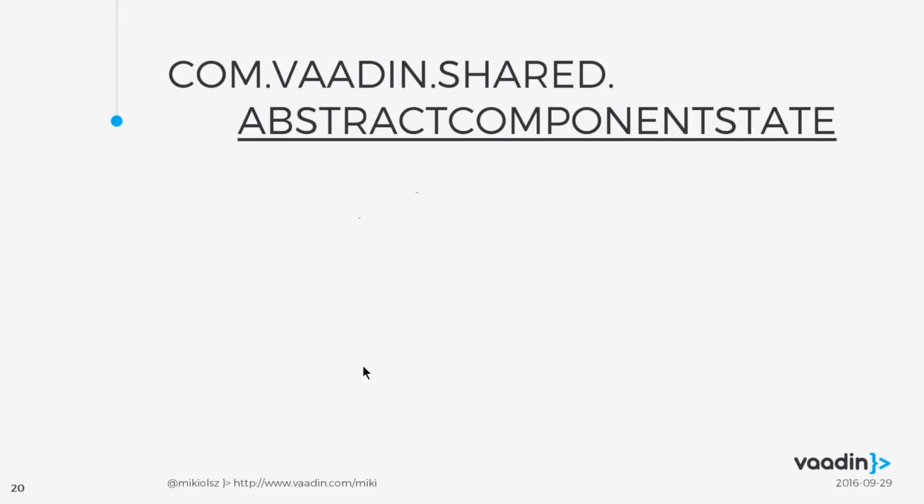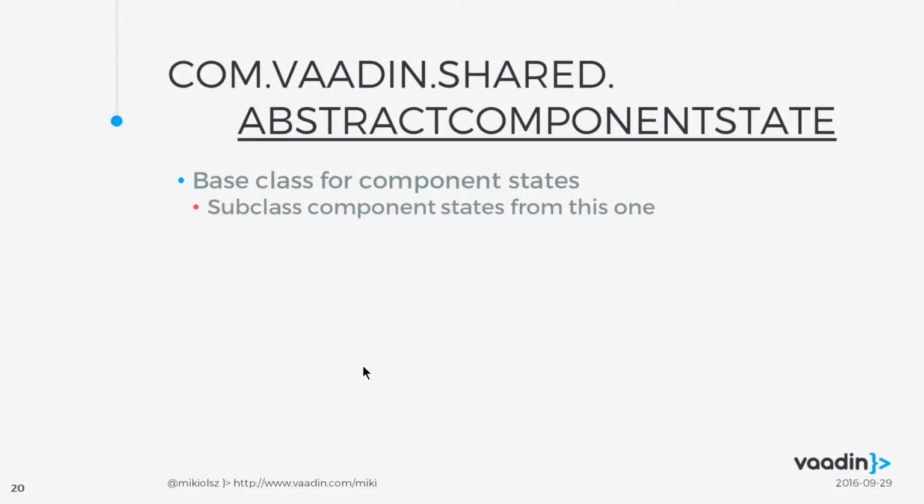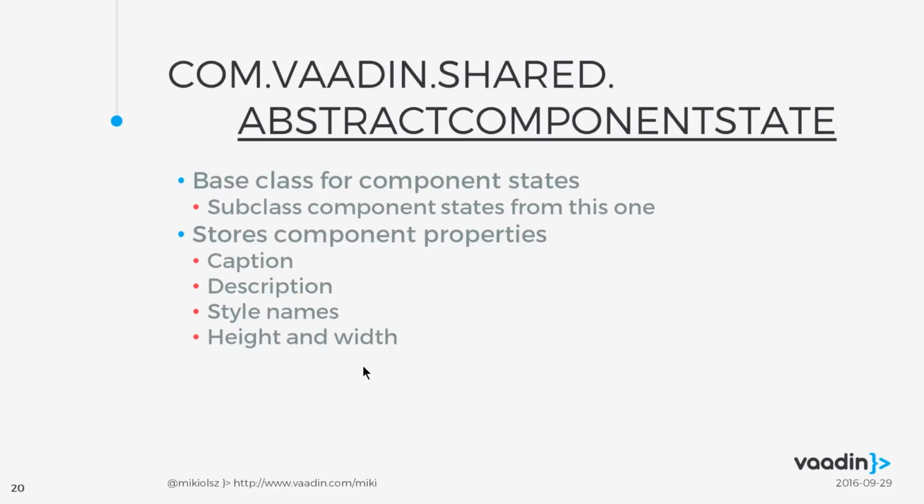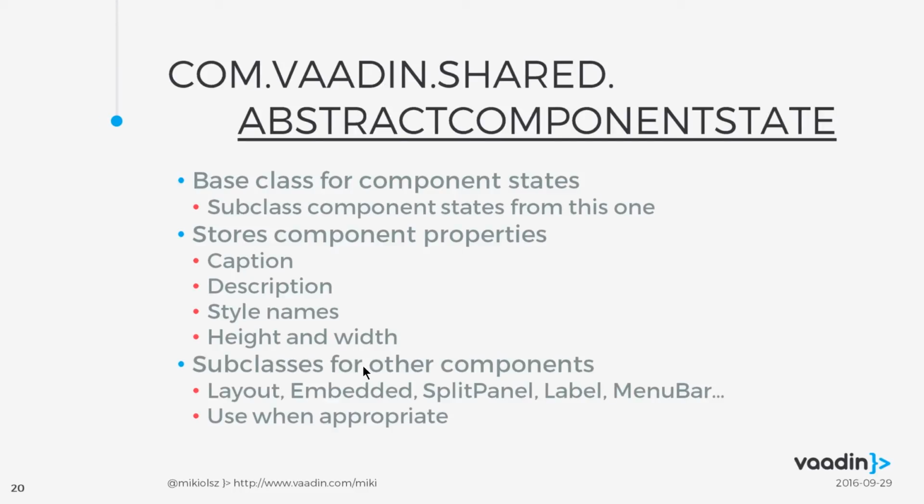An extension of shared state is abstract component state, which is of course a base class for everything. So you shouldn't directly extend from shared state. Instead, if you ever need, you should extend from this one, because it stores a bunch of useful things for you. And of course, each component in the framework has its own subclass of that. You can use whatever is appropriate.